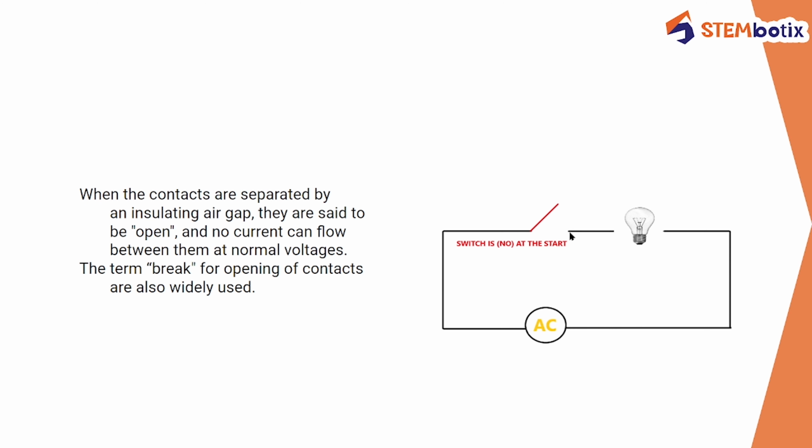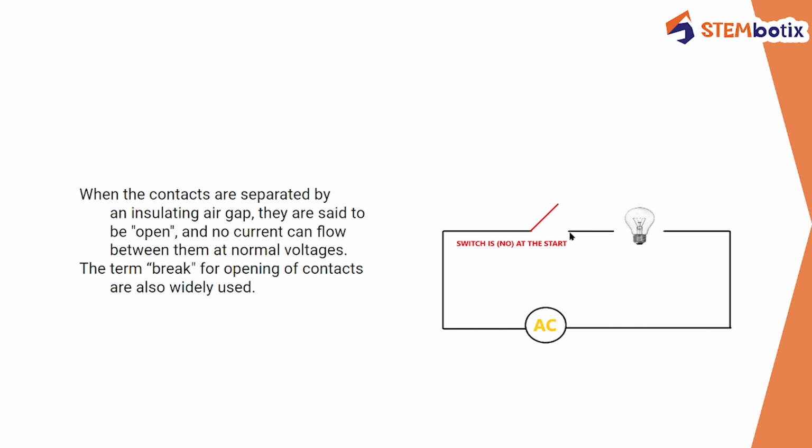The term make is used for closure of contacts. So whenever both the contacts are in closure, they are also known as make. So this is the making of circuit, and this is the breaking of circuit, meaning you are breaking the circuit, there is a breakage, hence this is the breaking of circuit.